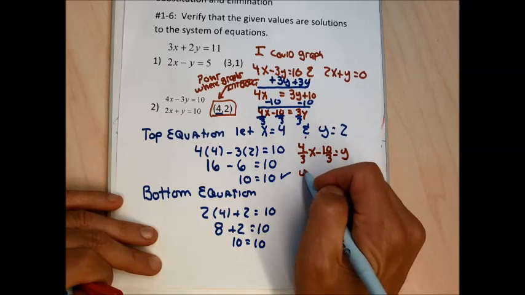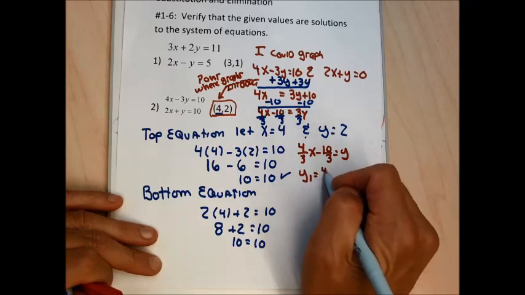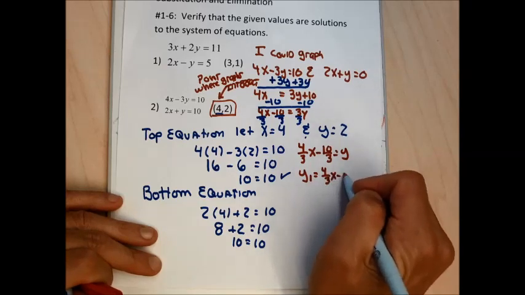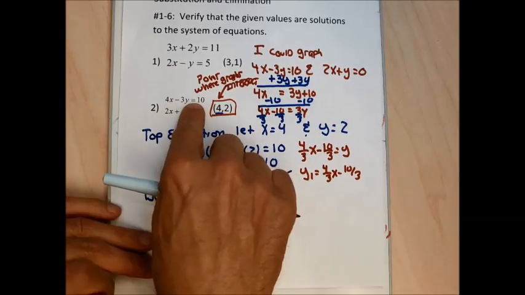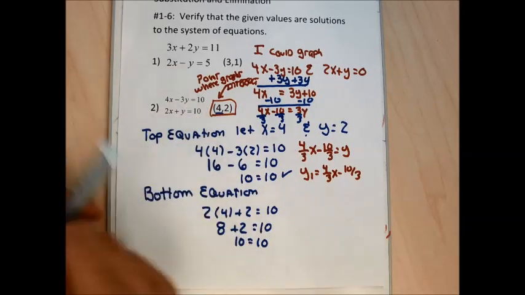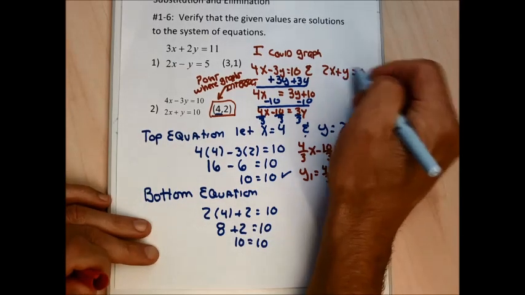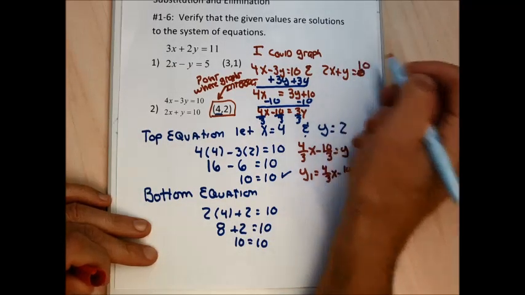On my calculator in y1, I'm going to enter 4 thirds x minus 10 thirds, and that will have the same graph as the equation 4x minus 3y equals 10. The other equation is 2x plus y equals 10.